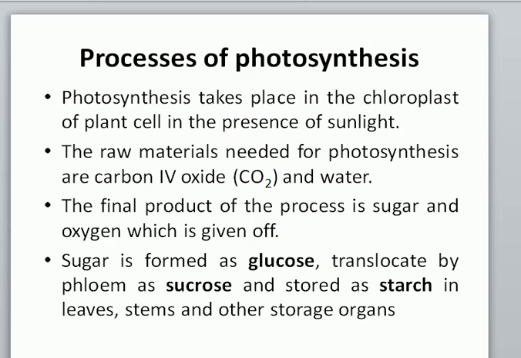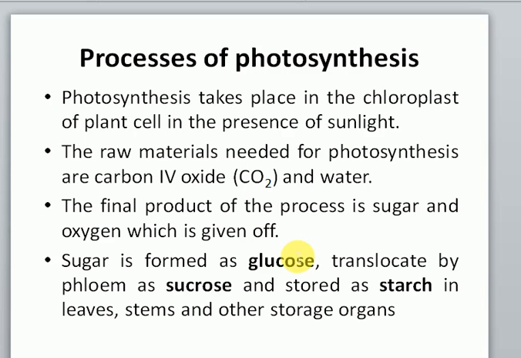So glucose is what is formed on the leaves or the photosynthetic part. But for it to move around, it has to be changed to sucrose, and that sucrose is transported by one of the elements of vascular bundles, which is phloem.